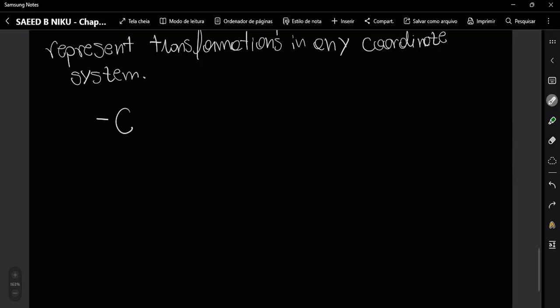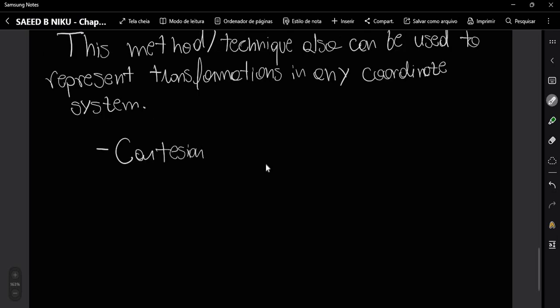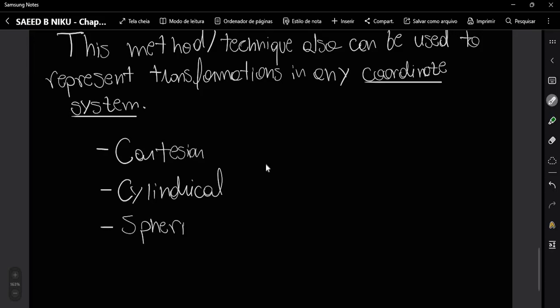We have already discussed these coordinate systems: the Cartesian one, the cylindrical one, the spherical one, and all this with the addition of RPY and Euler.